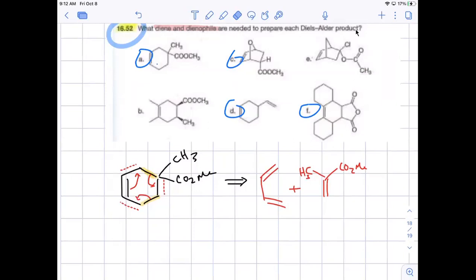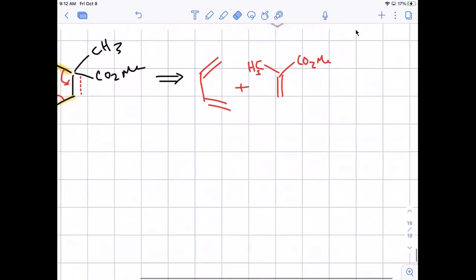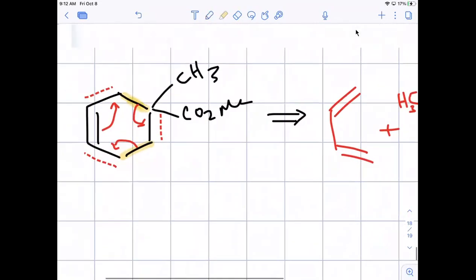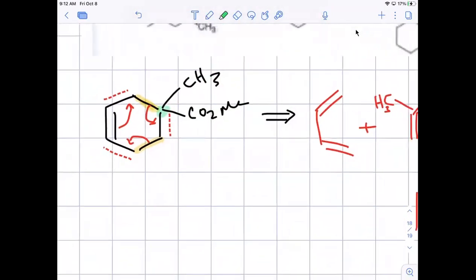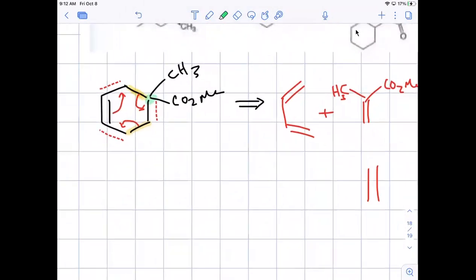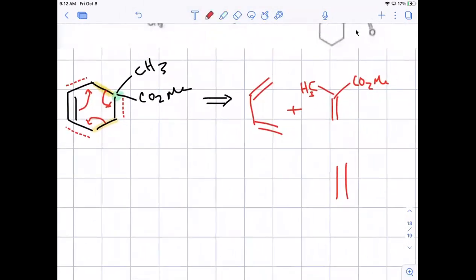Yeah, so the dienophile is just an alkene, am I right? Yes. So your first place to start is just to draw a carbon-carbon double bond. You can show the carbons or not. For this one, you see how this is substituted on one of those carbons? So both of those substituents are going to be on the same carbon. That's why I drew it that way.